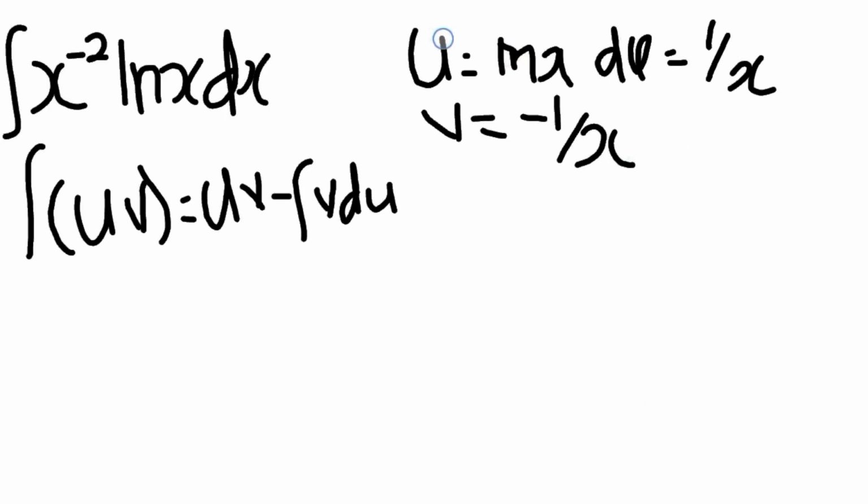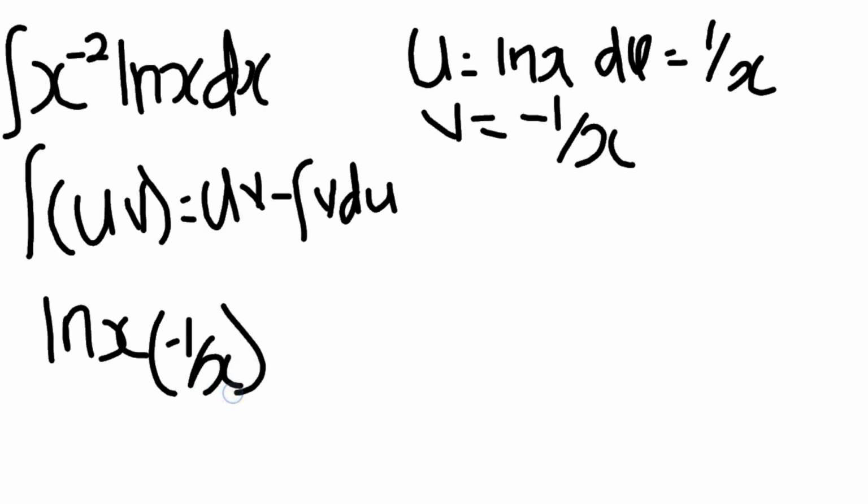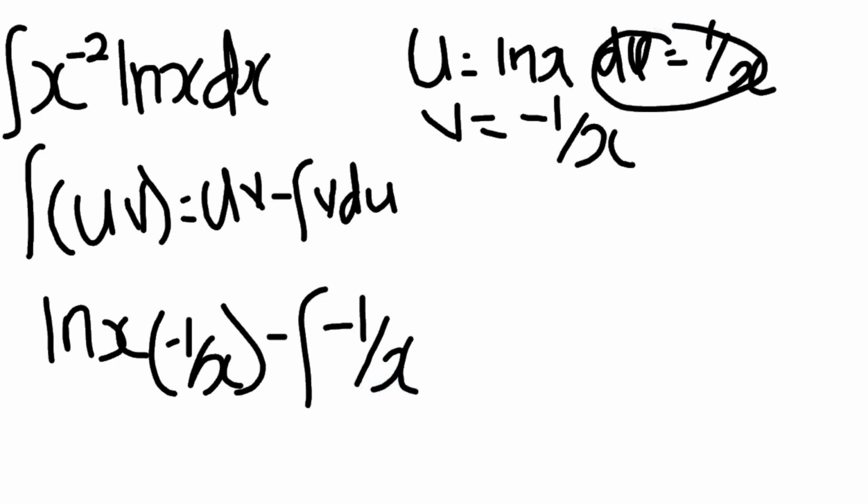Substituting into this equation, we're going to have u, which is ln x, multiplied by v, which is minus 1 over x. So ln x multiplied by minus 1 over x, minus the integral of v, which is minus 1 over x, multiplied by du, which is 1 over x.